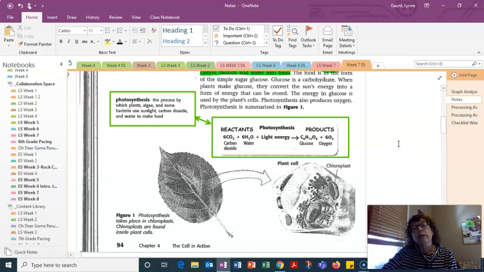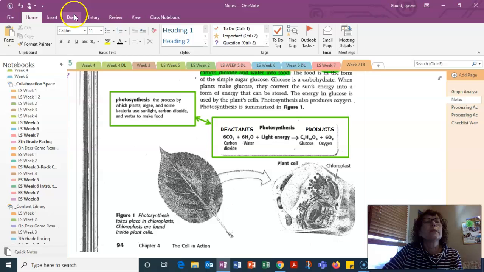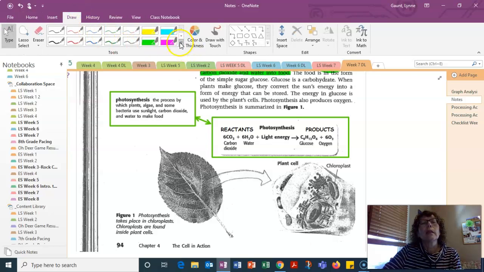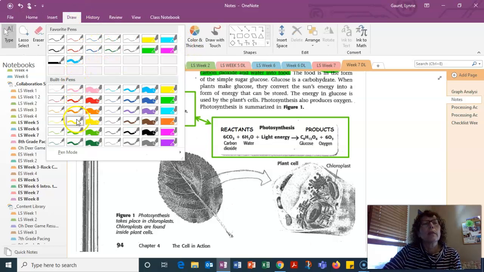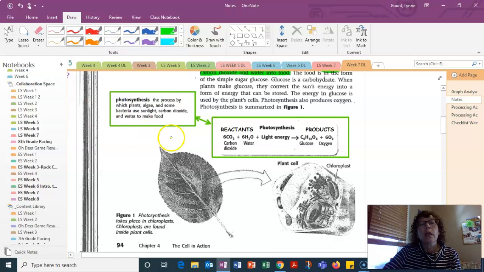And let's see, I think I'm going to use a skinny drawing tool. I'm going to make it yellow. Maybe not yellow, let's make it orange. And I'm going to draw, did I choose skinny? Nope, I want skinny. And I'm going to try and make a circle around what the reactants are. So the reactants are all these things.